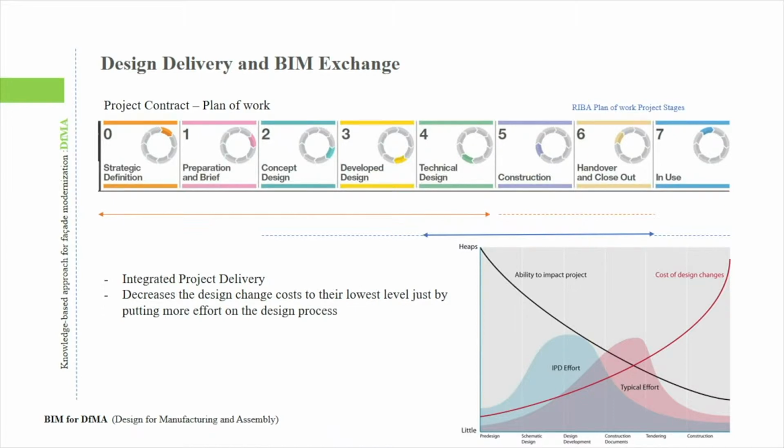This is as opposed to the conventional design system where the most effort is at the stage of construction, where the time for changes is past and it would be costly to go back and change the whole fabrication drawing and design drawing and everything.